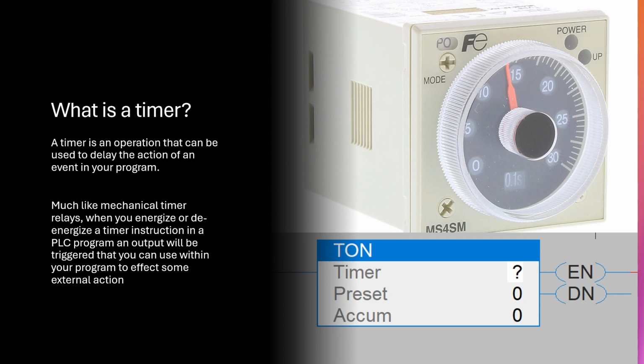Some of you who have worked with controls before may have some familiarity with the concept of mechanical timer relays. And there's an example of one up here in the top right. A mechanical timer relay can be set up to do a variety of different functions, including an on delay, an off delay, or some other variation of timer actions.